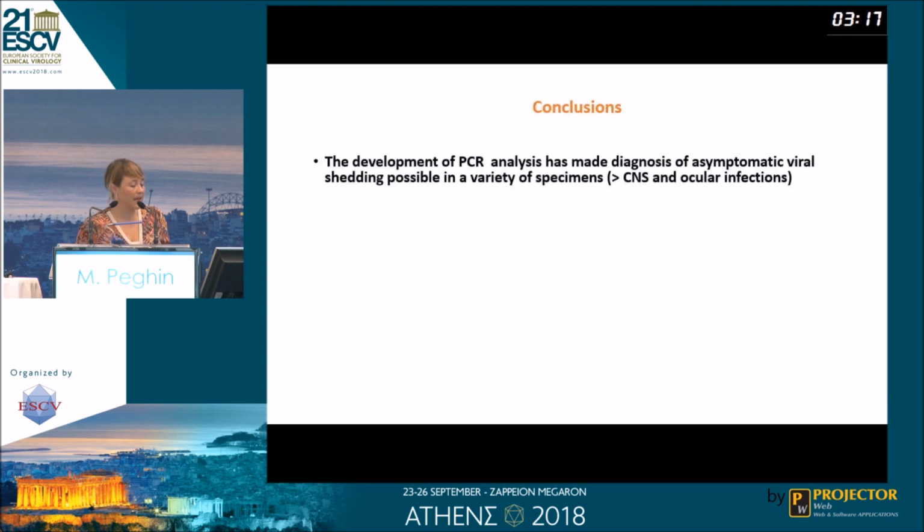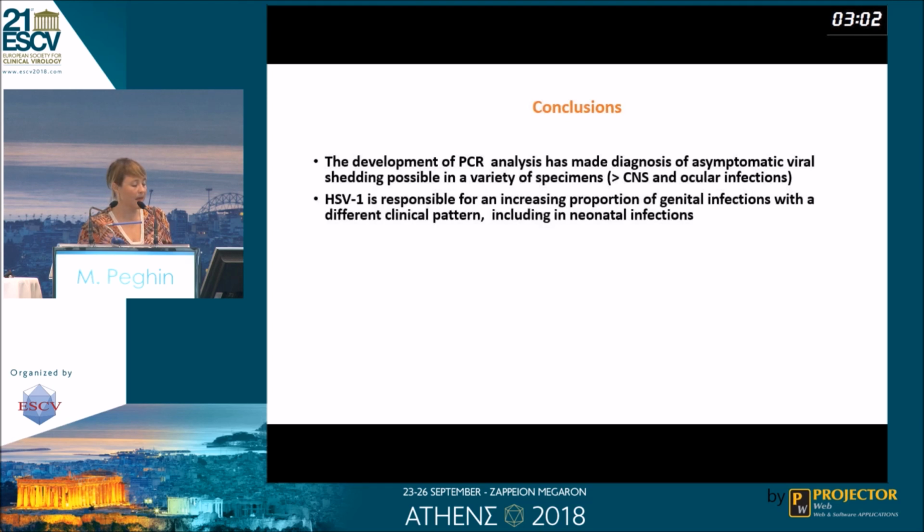So in conclusion, I think that the development of PCR analysis has made the diagnosis of asymptomatic viral shedding possible in many specimens, mainly central nervous system and ocular specimens.